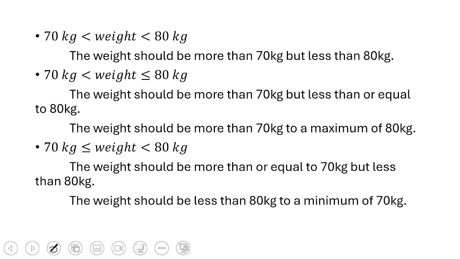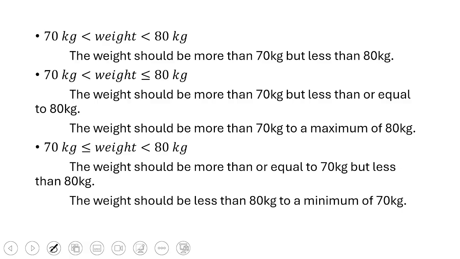Now we can also concatenate these inequalities that we have. Usually, this would mean that we are accepting a range with an upper and lower bound. So, for example, in this one, the weight is between 80 and 70 kilograms, but we do not accept 70 and 80. So it should be more than 70, but less than 80 kilograms.